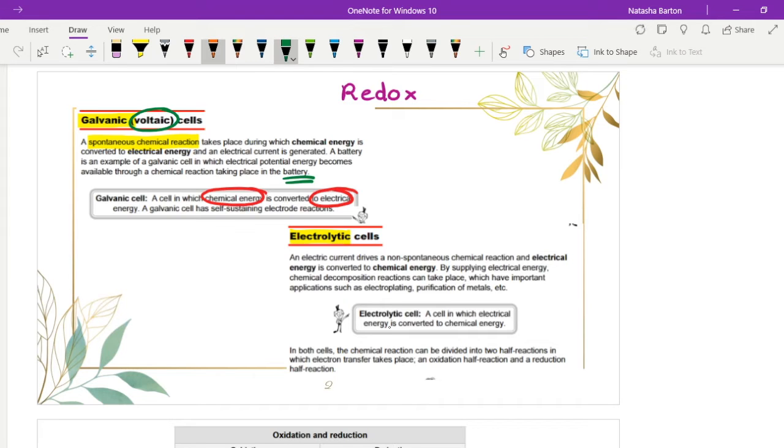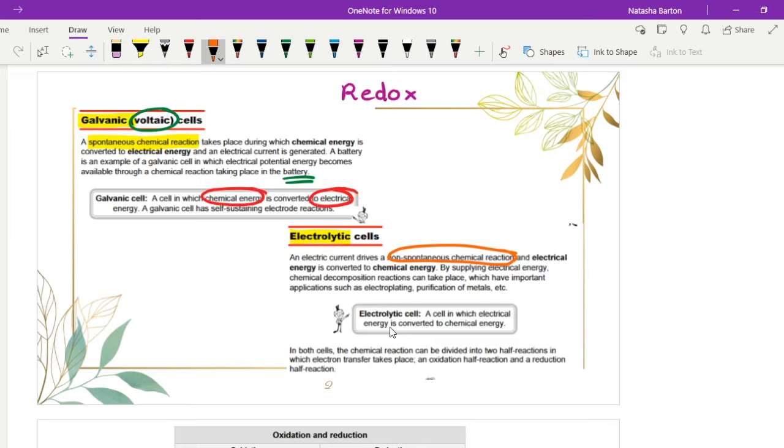The second type of cell that we're going to be studying is the electrolytic cell. One of the biggest differences between your galvanic cell and your electrolytic cell is that inside of your electrolytic cell we have a non-spontaneous chemical reaction. That means that when you put all of your chemicals together, they will not react on their own.